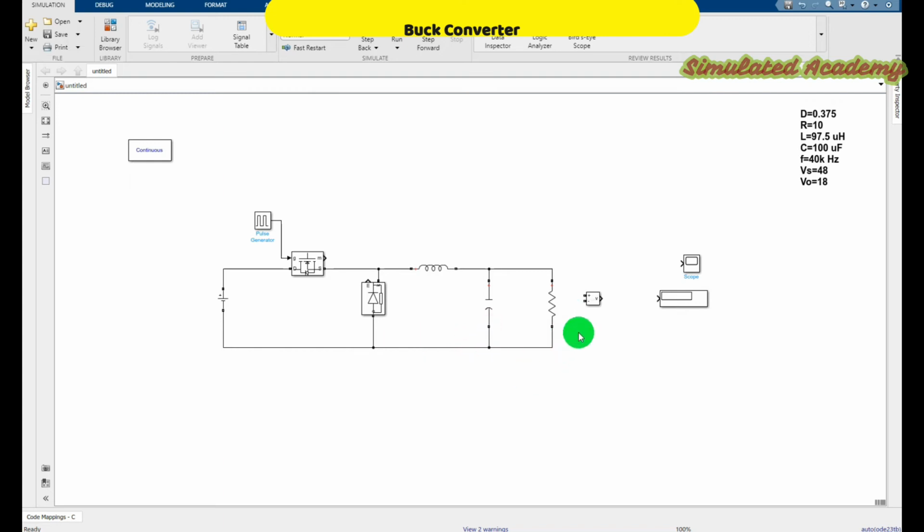Rotate the resistor and connect this circuit. I will take my output at the load R to show you the output is 18 volts. You can connect a display to this and double click on the scope to configure its properties.